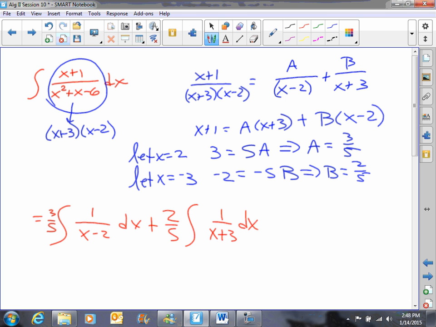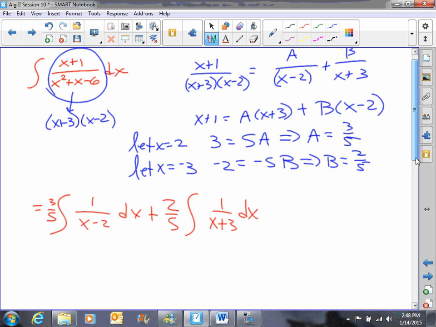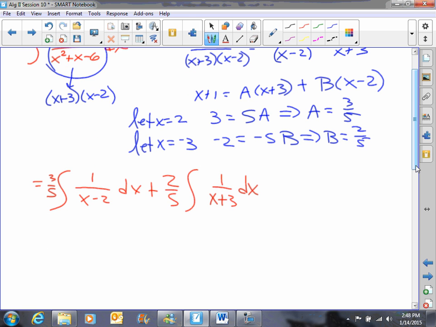Now, each one of these is pretty easy to do. This is 3/5 natural log of x minus 2 plus 2/5 natural log of x plus 3. And of course, we do have the constant c.